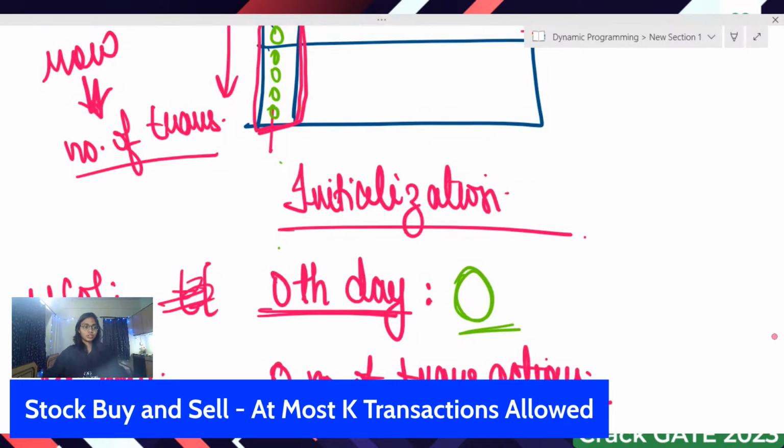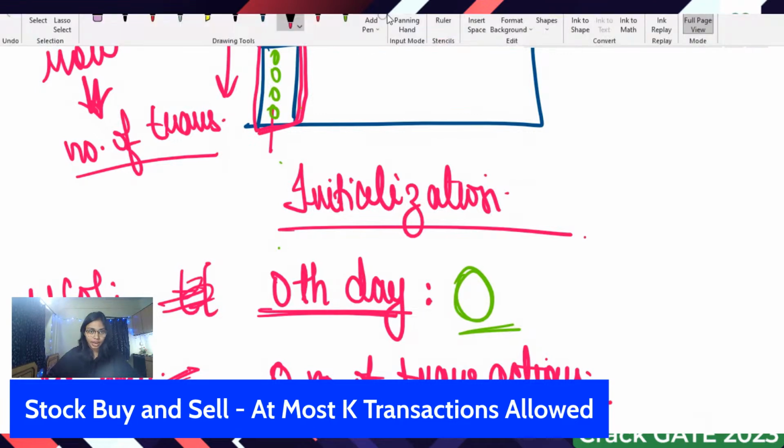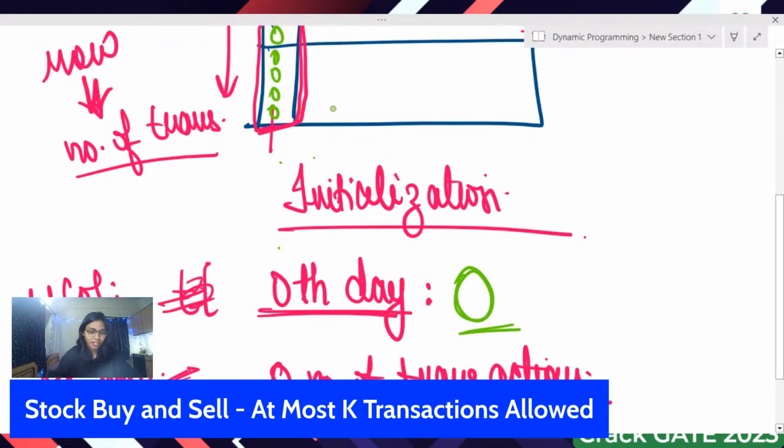The only number of transactions that you can make is zero. Please drop the answer in the chat section. This is a very basic logical question, and I want you all to please answer this.